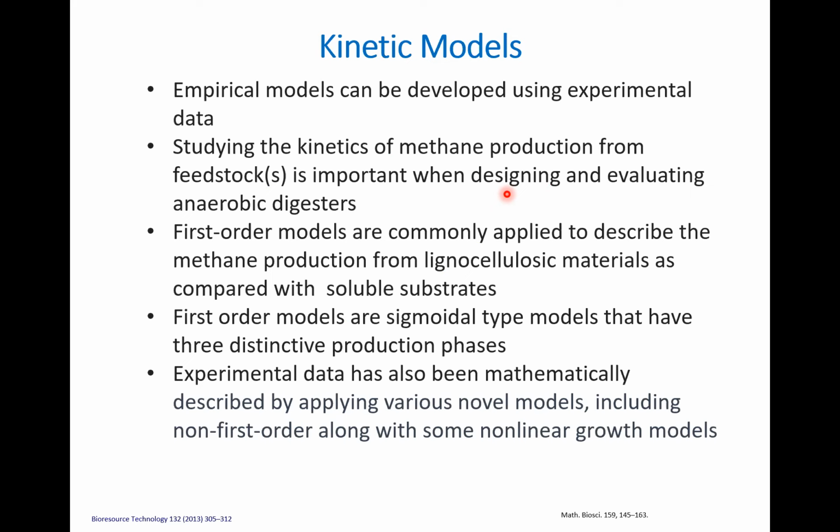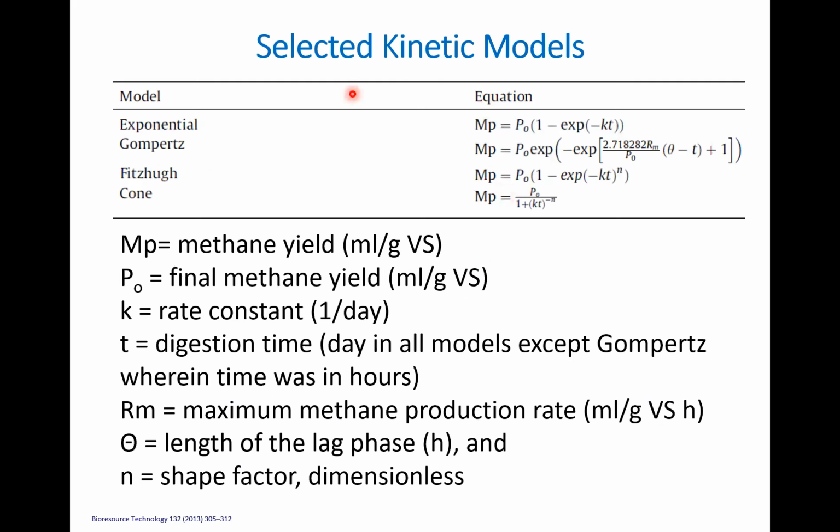The experimental data also can be mathematically described by applying various models, including non-first order, along with some other nonlinear growth models. I'm going to just introduce these selected kinetics, something like exponential, with this kind of equation here.